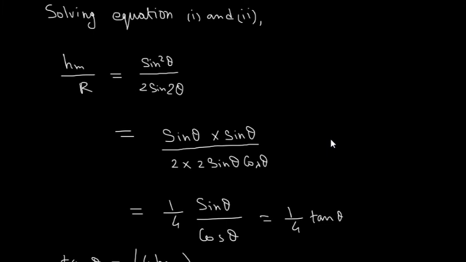We know that sine 2 theta is equal to 2 sine theta into cos theta. So we can write sine theta into sine theta upon 2 into sine theta cos theta, which is equal to 1 upon 2 sine theta upon cos theta, that is hm upon R is equal to 1 by 4 tan theta.